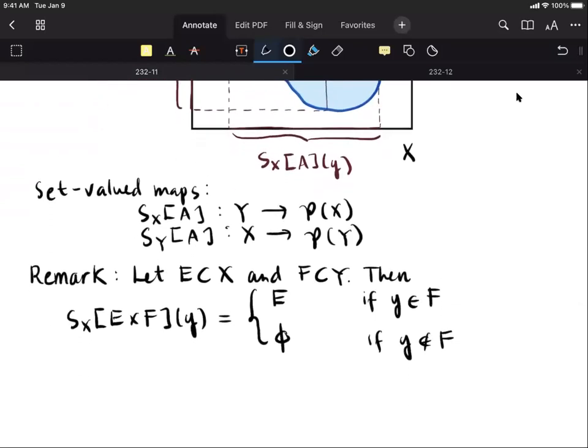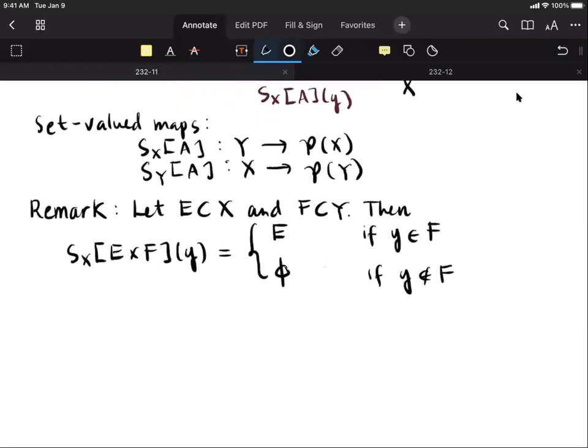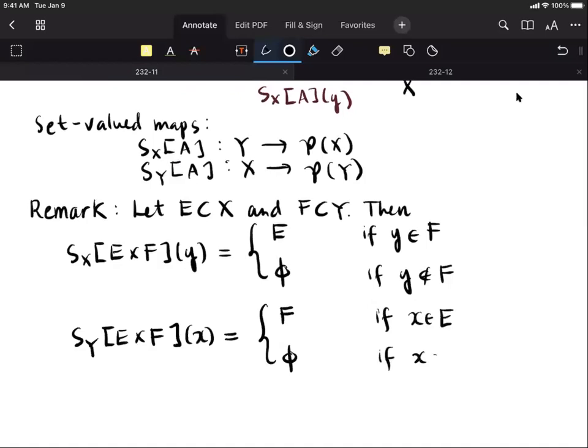So if you, let's say, have a point wherein the Y component is outside the rectangle, the section would be empty. And in a similar manner, the section on Y of the Cartesian product is either the set F or the empty set, depending on whether x is in E or not in E, respectively.